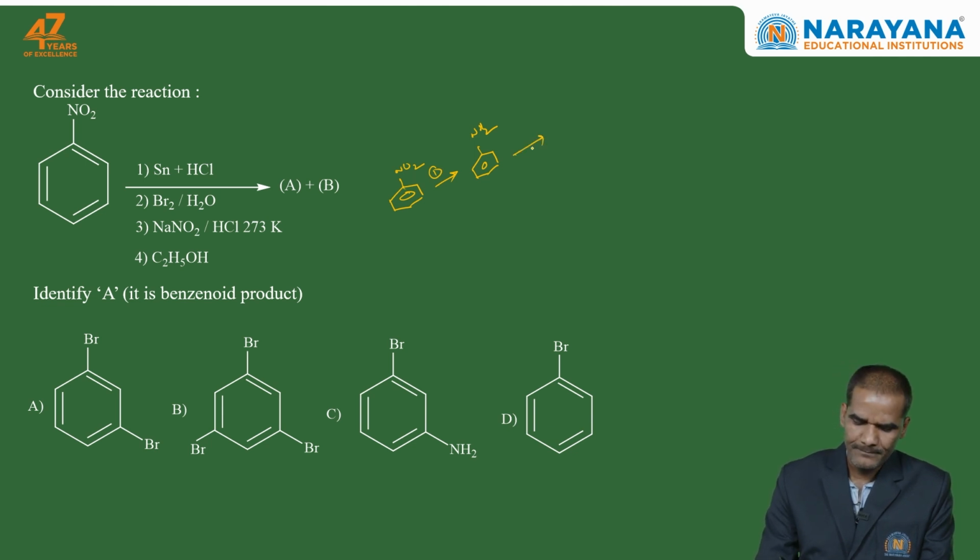In the second step, we use bromine water. When aniline is treated with bromine water, NH2 is a strongly activating group, hence we get a tribromo derivative.